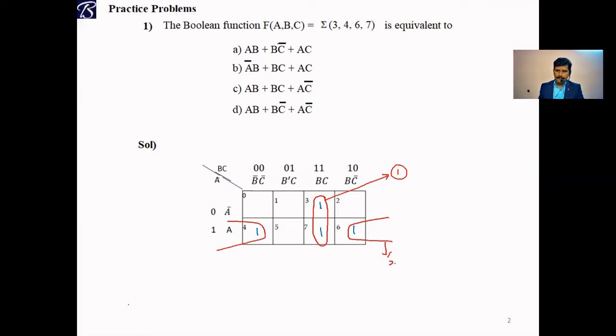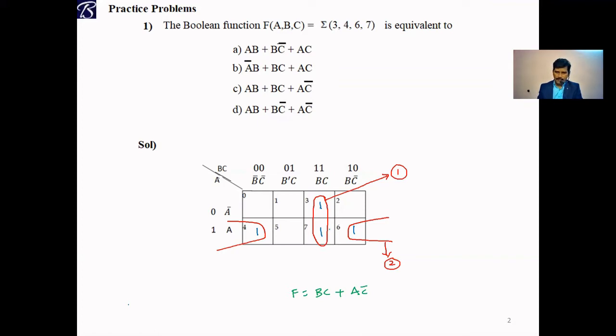This is another pair. The first term is BC, plus the second term is here A, and these two have common term B bar, C bar, B, C bar. So C bar is the common term, so A, C bar. But in the given four options, the redundant term, the third term, is also considered.